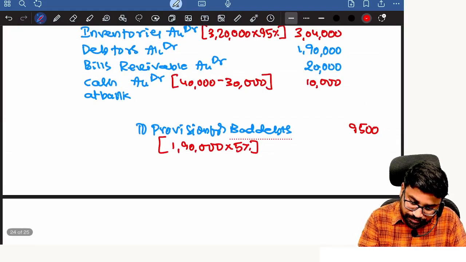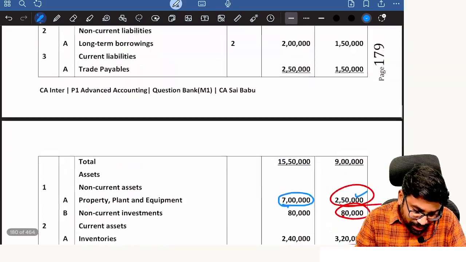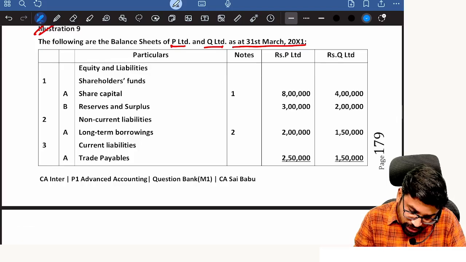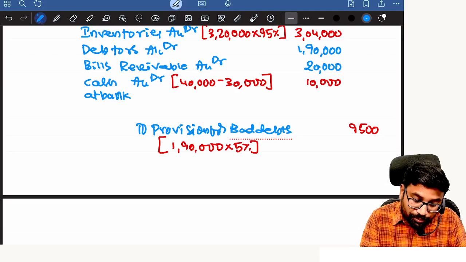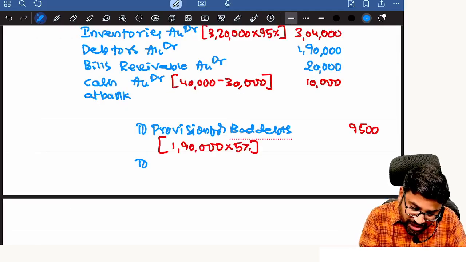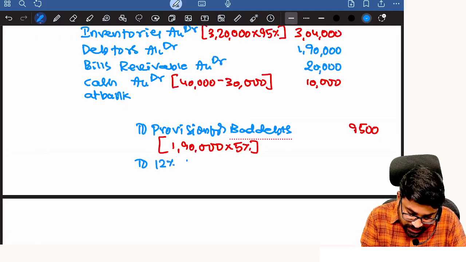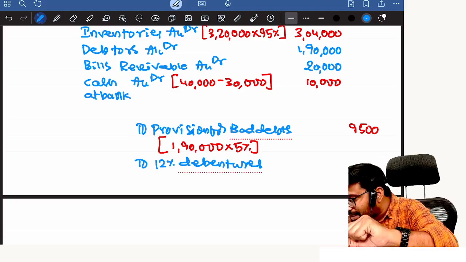Next. Next, sir, what are the liabilities? Non-current liabilities, long-term borrowings is there. How much? 1,50,000. Now important. 12% debentures. Sir, these 12% debentures of Q Limited, we are ready to pay at a premium of 8%.